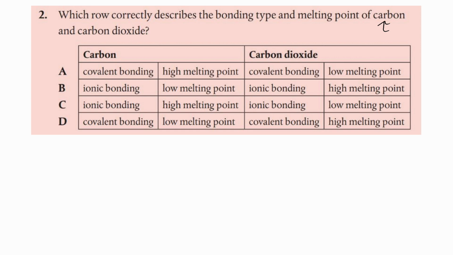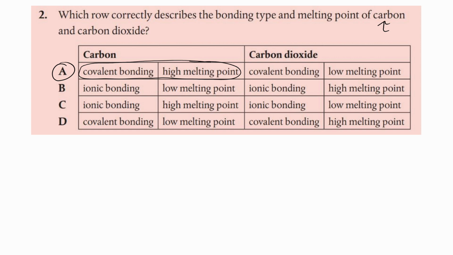So for carbon, we are looking at covalent bonding and a high melting point. So that would automatically give your answer of A, but let's just double check that carbon dioxide is correct as well. We know that carbon dioxide is a covalent molecule, so we know it does partake in covalent bonding.